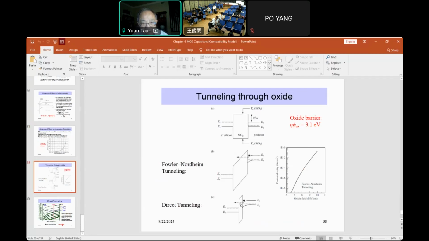Even at a low field or low voltage, you can have direct tunneling of electrons from the conduction band of silicon to the gate. This is to the conduction band of the oxide, and this becomes significant when the oxide is thinner than about 2 nanometers.